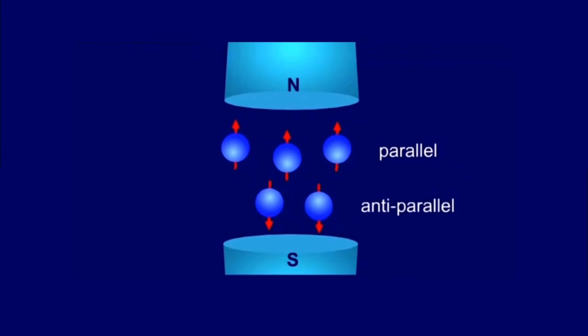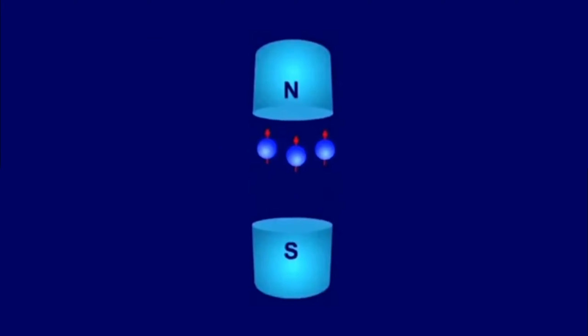Naturally, the preferred state of alignment is the one that needs less energy. So, more nuclei are on the lower energy level, parallel to the external magnetic field. A smaller number is on the higher energy level, anti-parallel. The difference in number is, however, very small and depends on the external magnetic field.